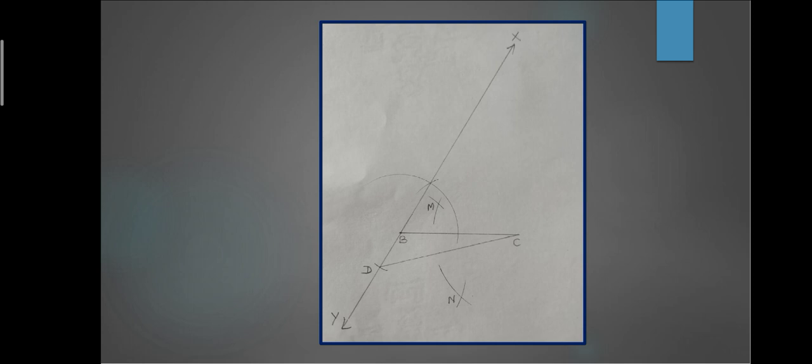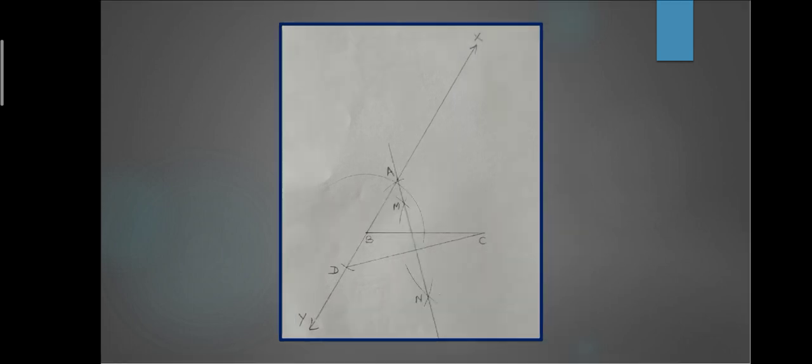So taking C and D as centers, we will make arcs of the same radii on both sides of CD to get the points M and N. Next we are going to join MN and extend it to get point A on the ray BX.